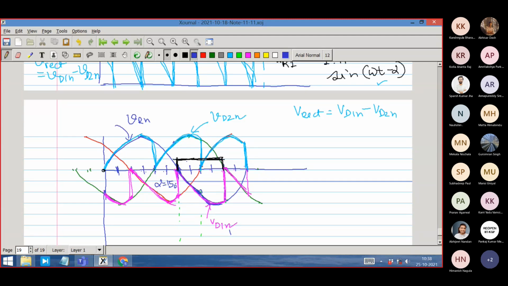And the R phase, the other conduction time is here. So in this portion the current is negative. I should draw it in black color. That clearly shows that the power is negative. Fundamental is located here.